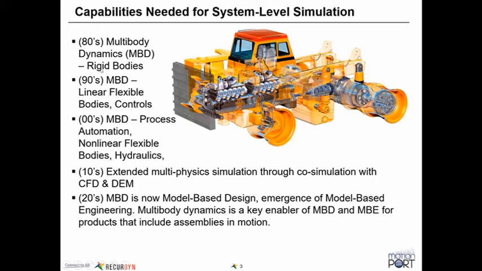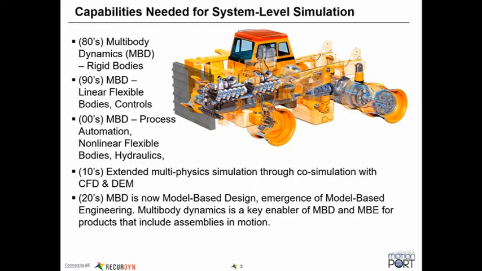But let's look, very briefly, at a little history here. Going back to the 1980s, that's when multi-body dynamics was first started, and the focus at that point was rigid bodies. And then as we moved into the 90s, we started getting into things with linear flexible bodies, controls, and so forth.